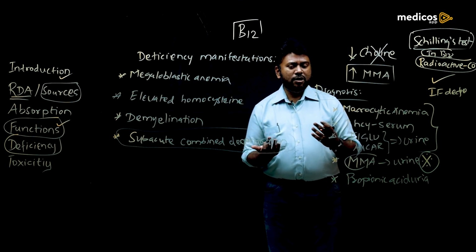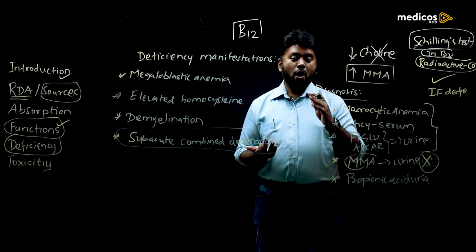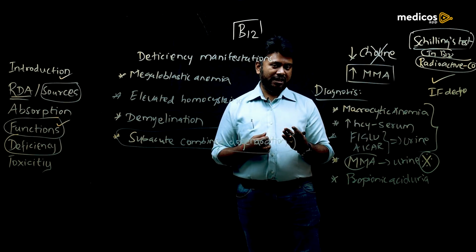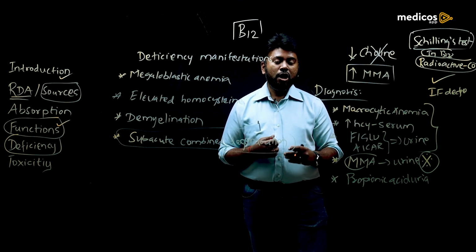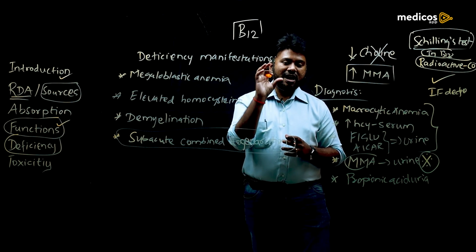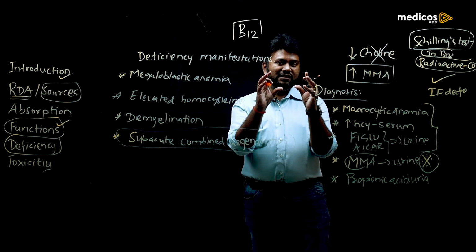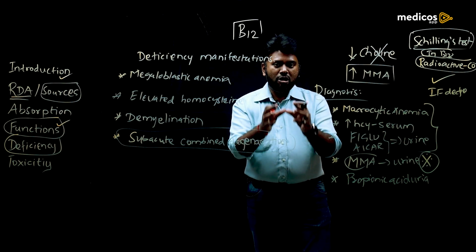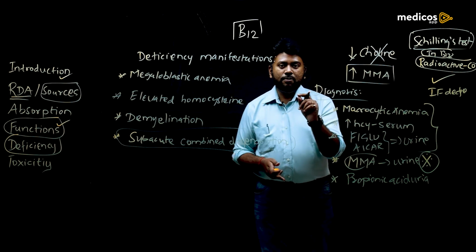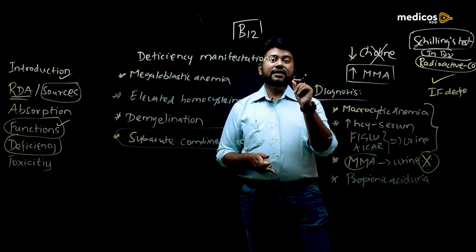It can be due to other factors also, but to identify whether it is due to intrinsic factor, repeat the same test. This time you give oral B12 with radioactive cobalt, along with intrinsic factor. If the radioactivity is now seen in urine, the problem was intrinsic factor deficiency.